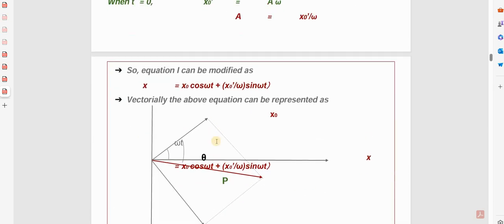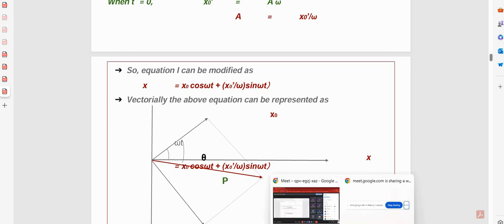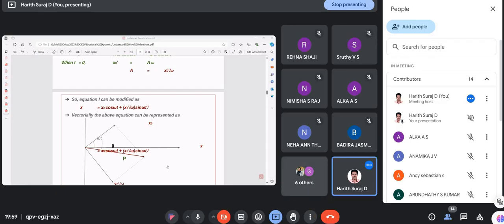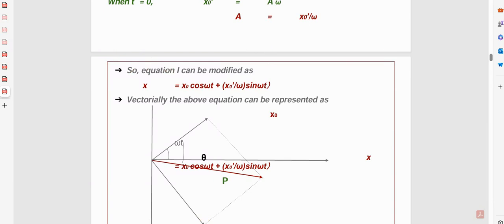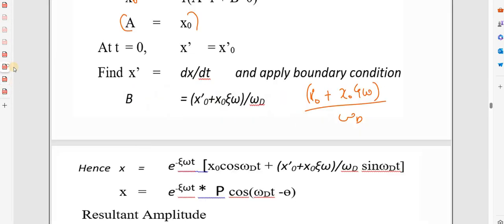So this was the equation of undamped free vibration. Here you can see, we are getting x0 cos omega t plus x0 dot by omega sin omega t. The same thing only we are getting here. You should be able to see the similarity.